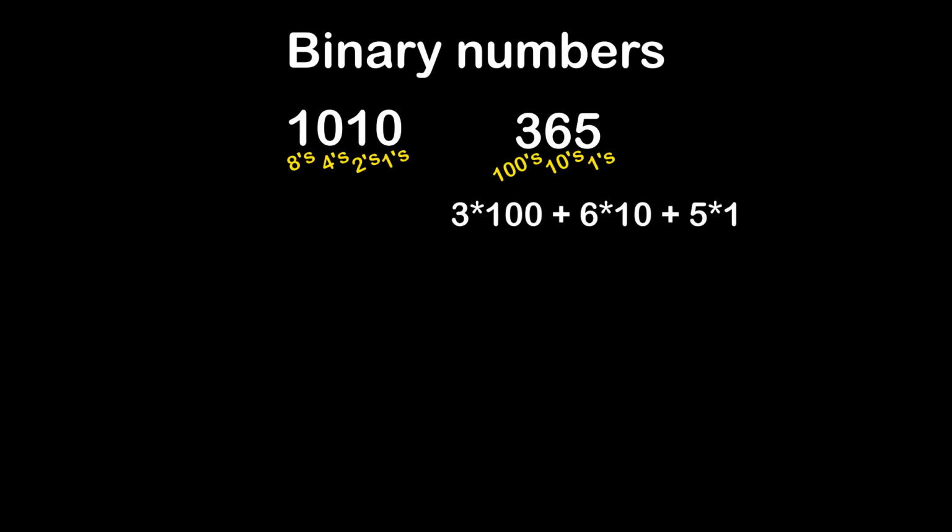If we multiply each digit by its place value and add them up, we get the number in decimal form. 3 hundreds means 3 times 100, plus 6 tens, 6 times 10, and 5 ones, 5 times 1. We can do the same with binary numbers by using the classic addition and multiplication we know.